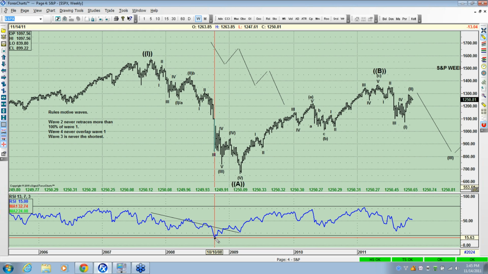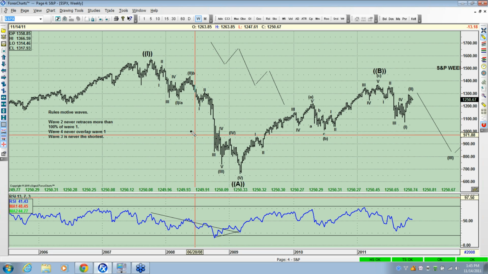In other words, it's very hard for me to define a 5-wave swing when you don't see divergence. This is called divergence. And divergence is telling you that by nature it was like this. Wave 1, wave 2.